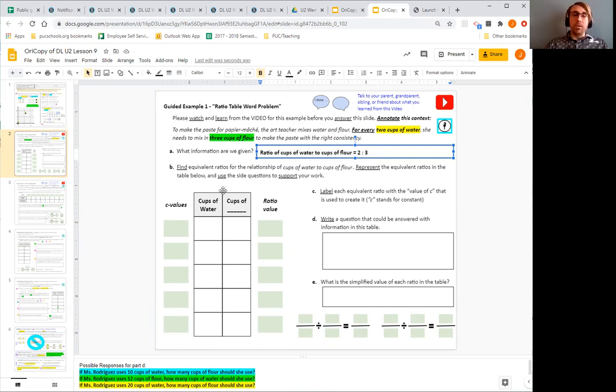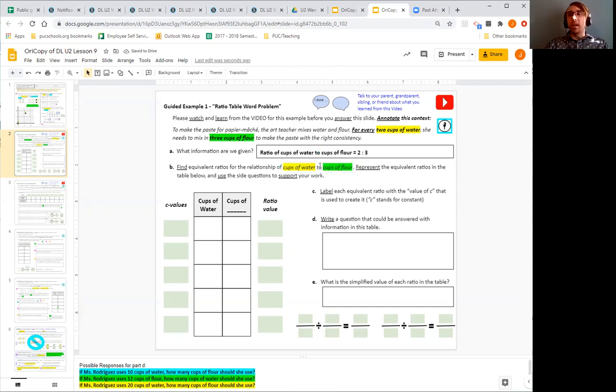And so then that comes down to the next piece where it says to find equivalent ratios of the cups of water, we'll highlight that, to the cups of flour, we'll highlight that. All right. The word "to" could also be highlighted if you'd like.